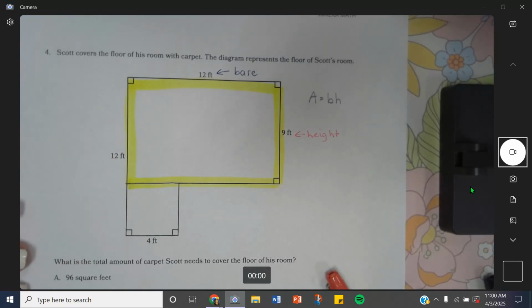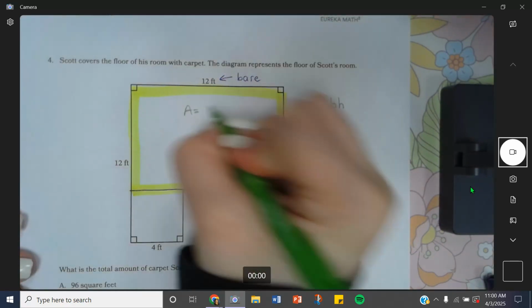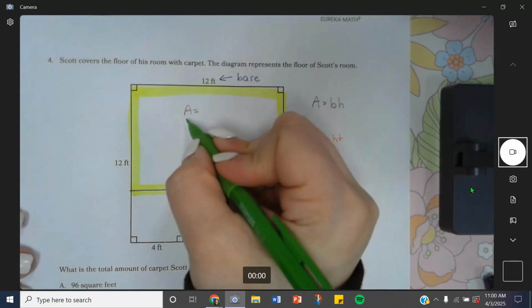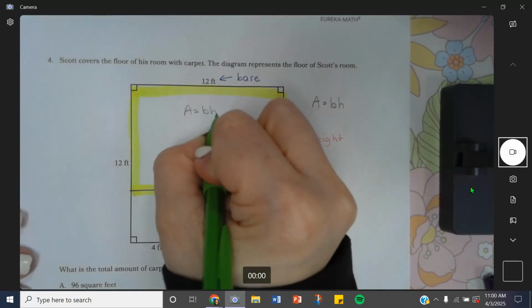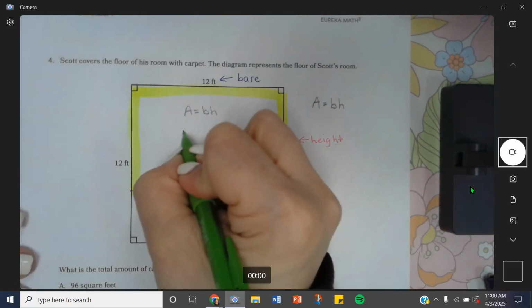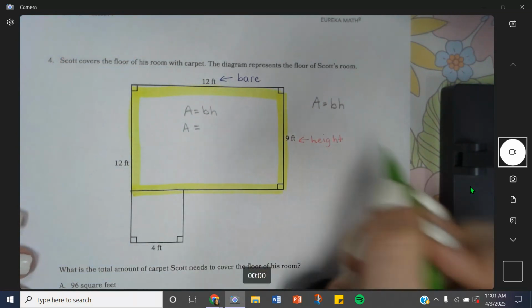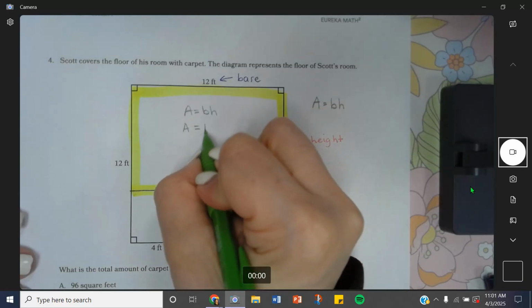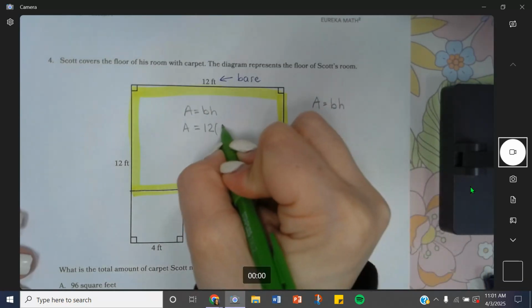So let's find the area of the yellow rectangle. Our formula for the area of a rectangle is area equals base times height. I don't know my area, so I'm going to rewrite A. I'll bring down my equal sign. The base we said was 12, and we're going to multiply that by our height of 9.